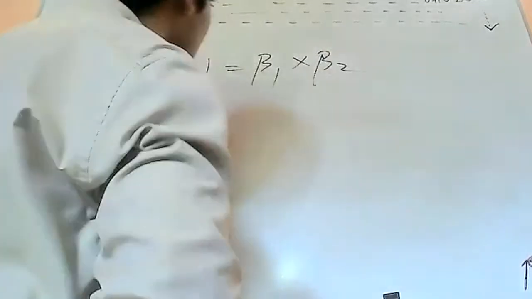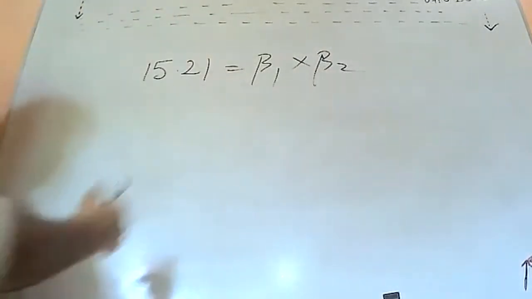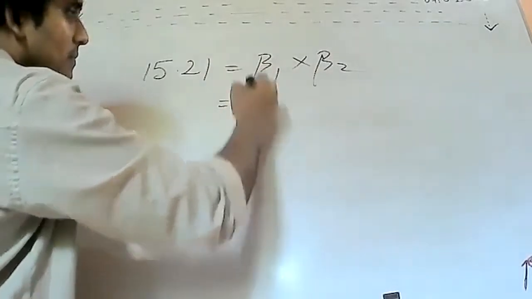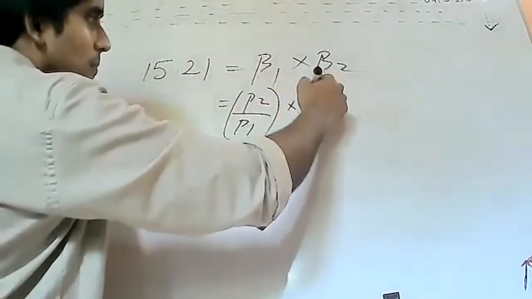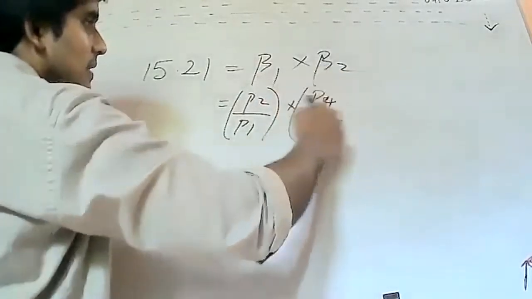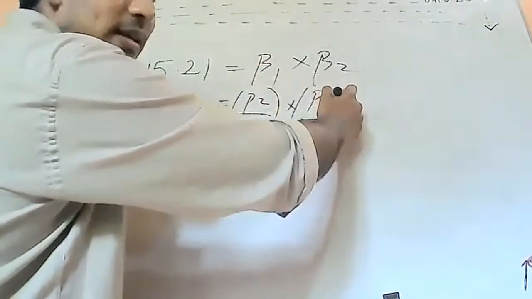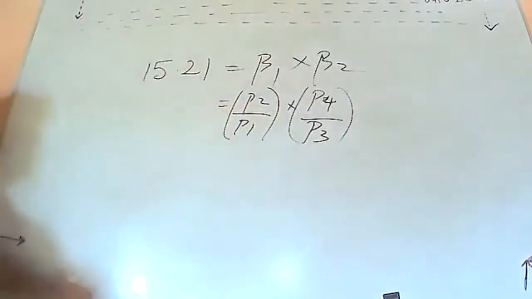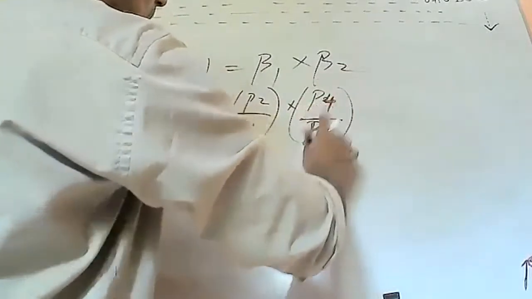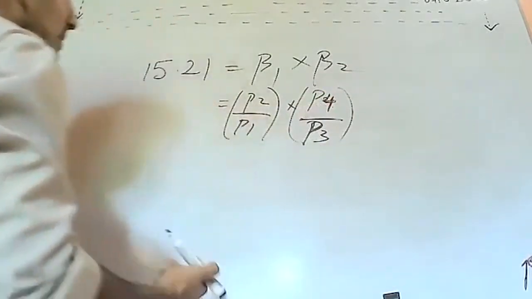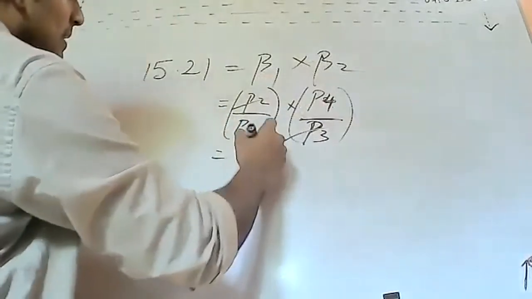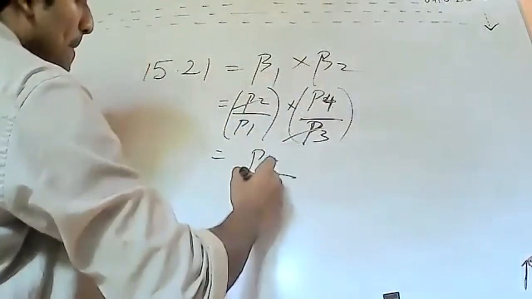What is beta 1? P2 divided by P1. What is beta 2? P4 divided by P3, right? Because this part should be higher, I told you that, so that guy should be the highest. But here you can very easily see P2 and P3 cancel. So it is P4 divided by P1.